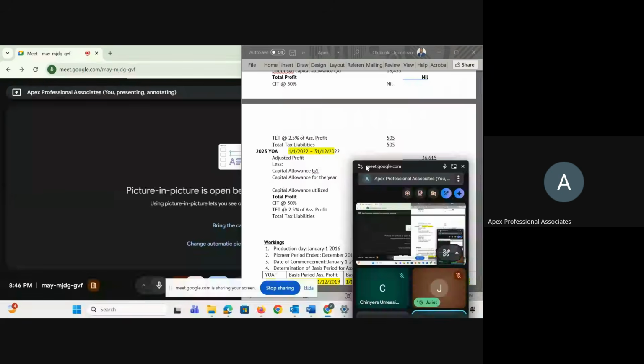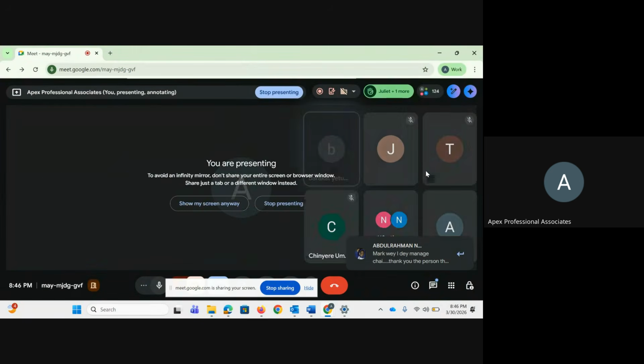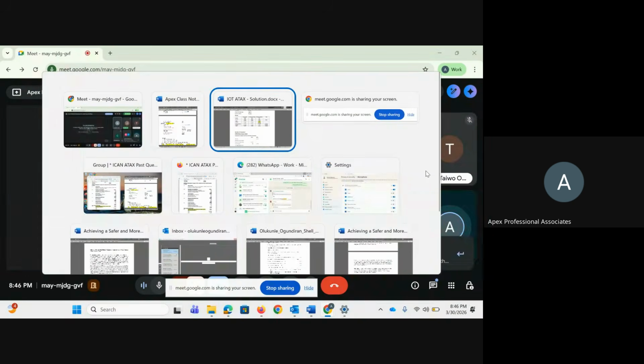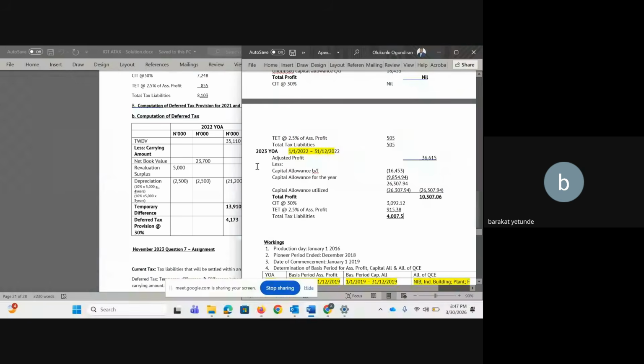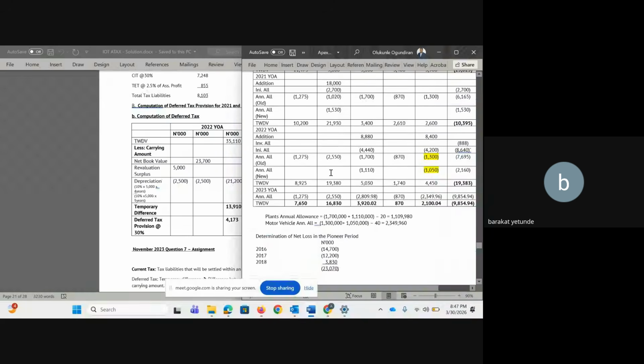Sir, please, what was the error? The error was that I didn't remember to pick 17. So in the table here, are you with me? In the table, you have the old and the new. I only picked this and didn't pick the old one. You know, the motor vehicle, I did both old and new, but for the plants, I didn't do the old and new.